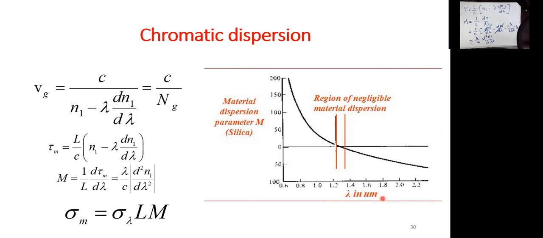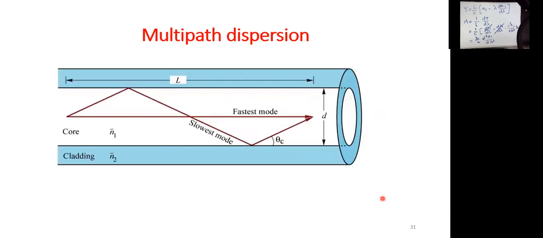The answer is no. We have another famous dispersion effect, which is the multipath dispersion. Generally, dispersion means having different velocities of propagation, which is the case in chromatic dispersion, because each frequency component has its own speed or velocity.